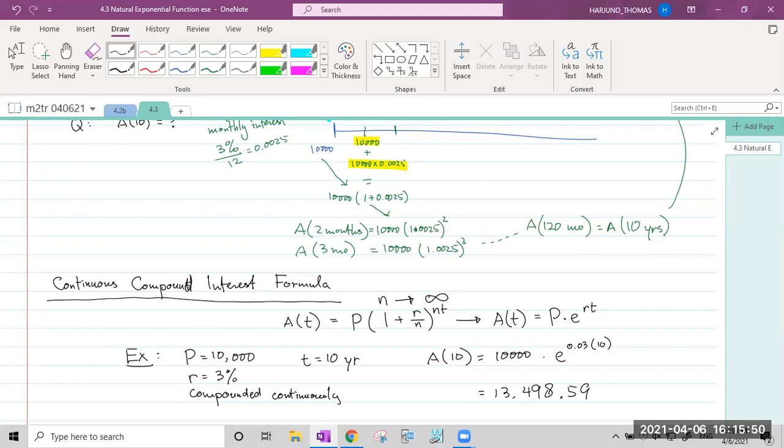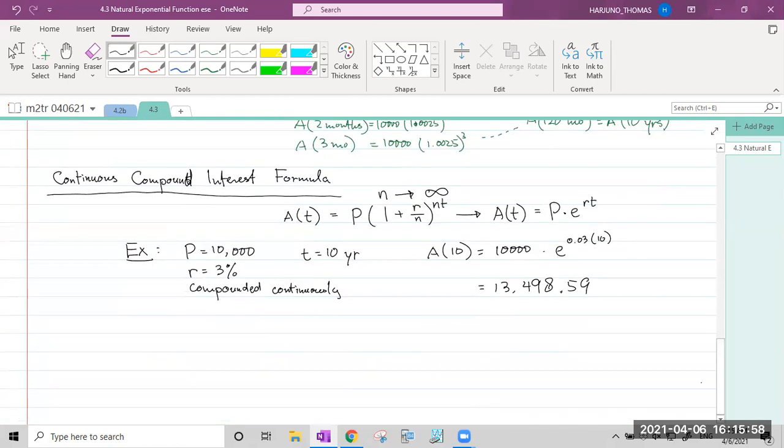Okay, now that usually implies the inflation is to be very high also. Now of course there are other things that we can do using this E. Besides using this for money, we also use this for radioactive decay or population growth, right?